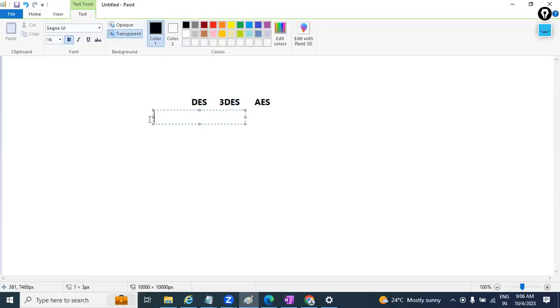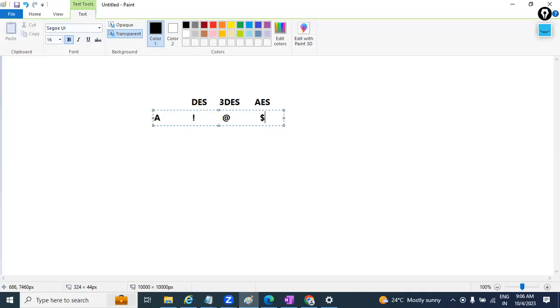Take the substitution example: for A, instead of using A directly, they use the exclamation symbol; for another letter they use at, and for another they use dollar.